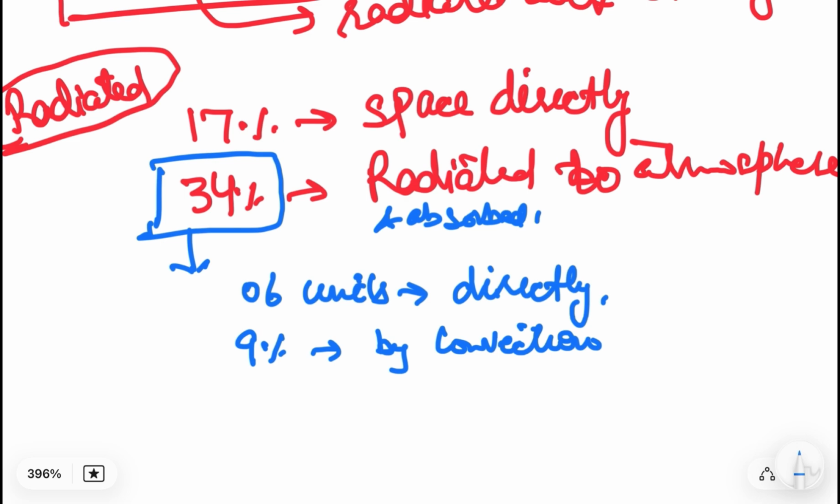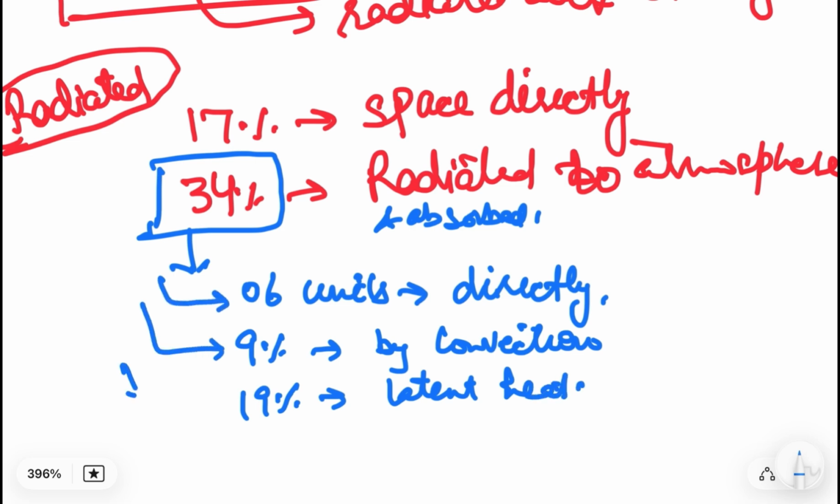Latent heat is the energy released or absorbed by a body. 6 plus 9 plus 19 is 34. This is the 34% distribution. Total 34 done.